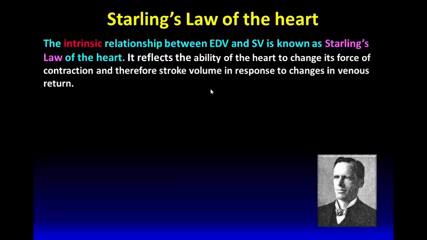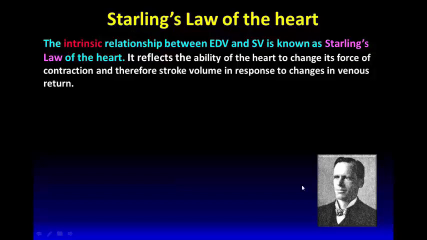So this is a form of autoregulation of the ability of the heart to eject blood. The more blood it gets filled during diastole, the stronger is the force of contraction, and the more blood it ejects during systole. This intrinsic relationship between end-diastolic volume and stroke volume is known as Starling's law of the heart.